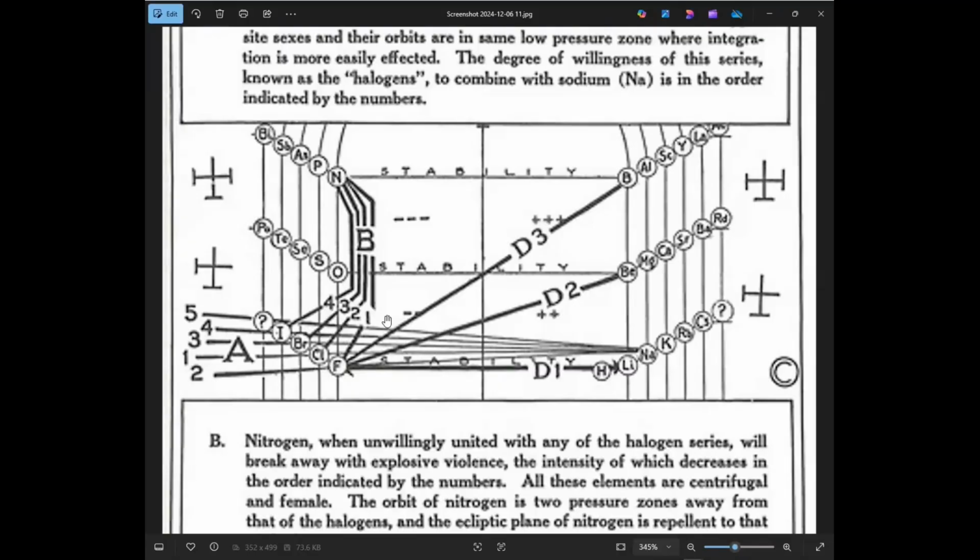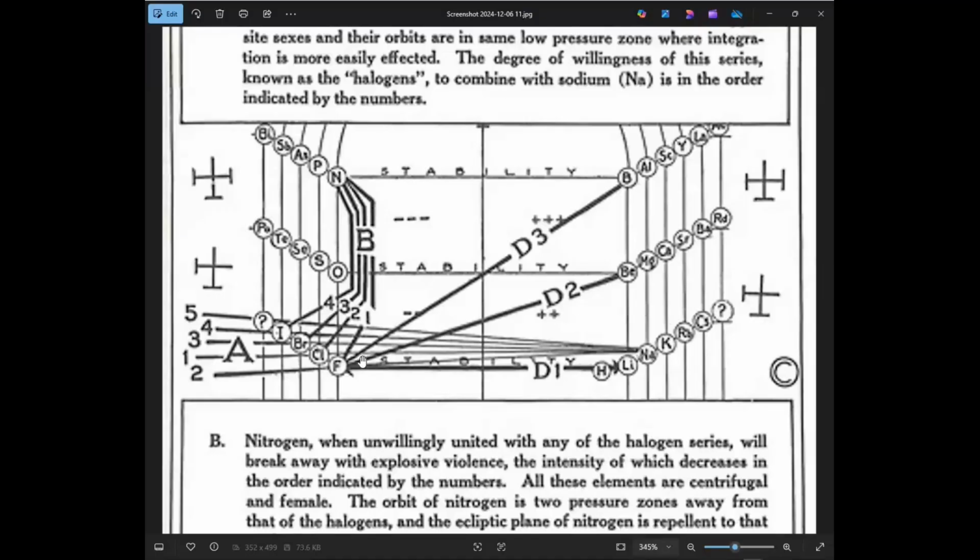So we have sex as one dimension to look at. We have pressure as another, like pressure zone 1, 2, 3 or 4. And then we have octave, in the periodic table of the octaves. So he's given us rules of how matter comes together and what makes it more stable versus unstable.